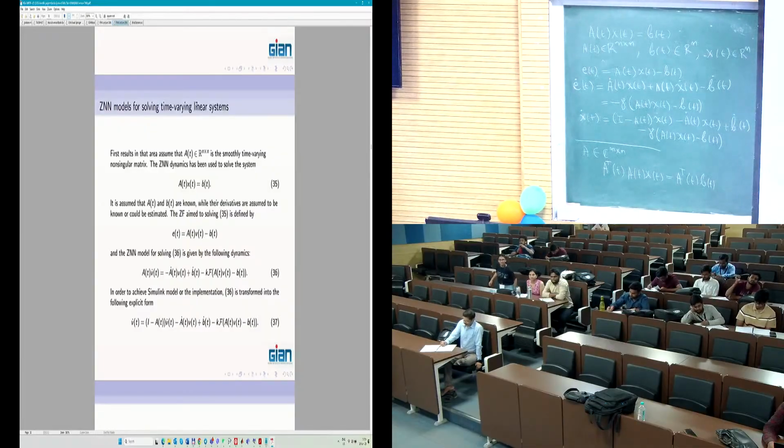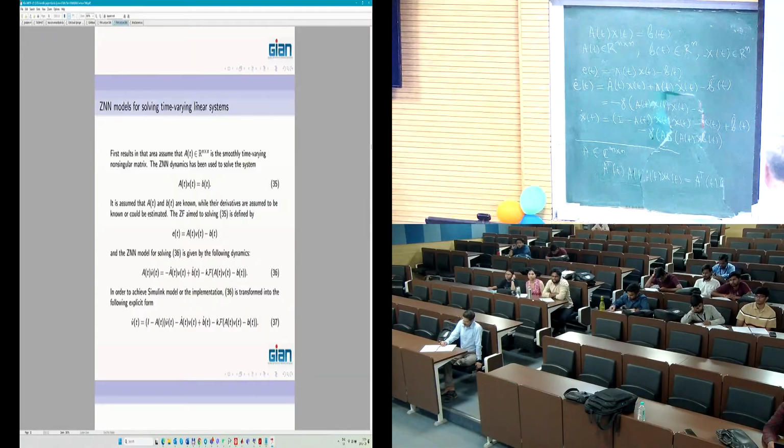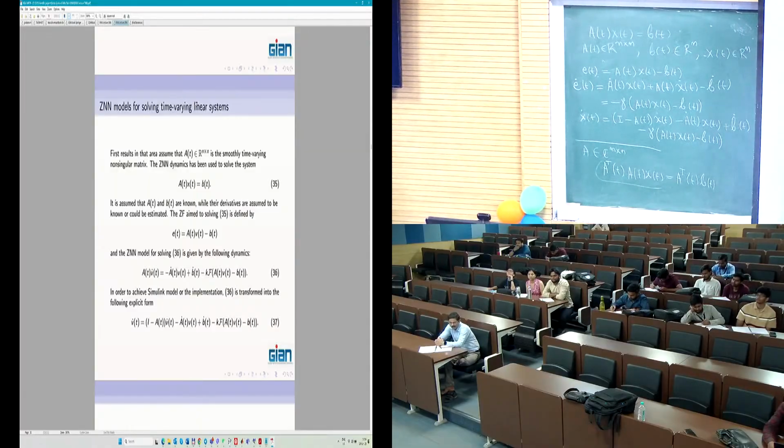It is a very efficient approach. Because B is not consistent, this normal equation form corresponds to least square solutions.